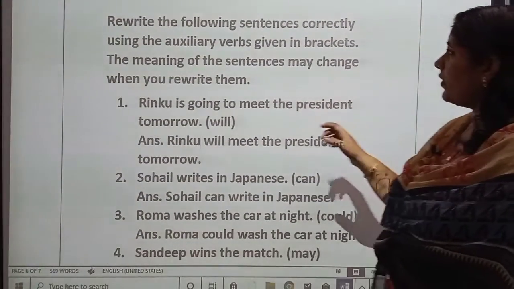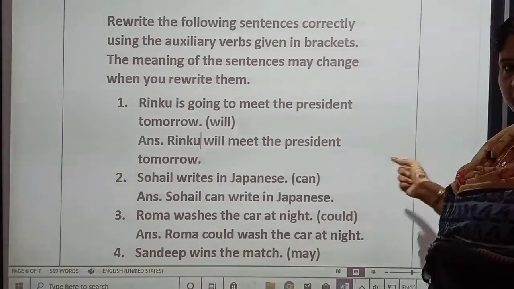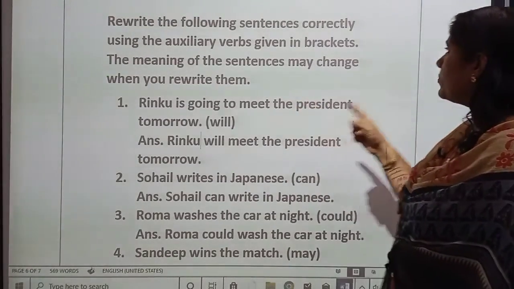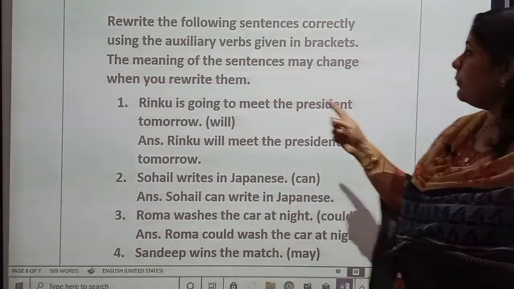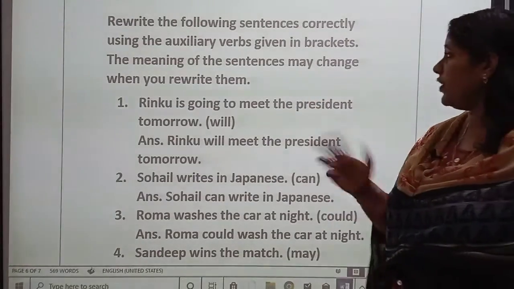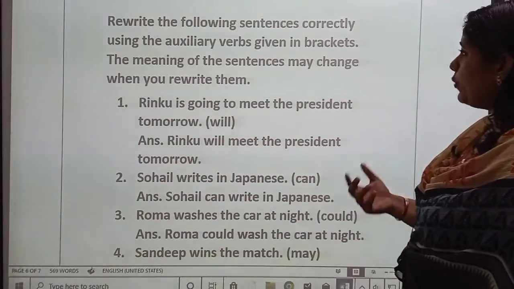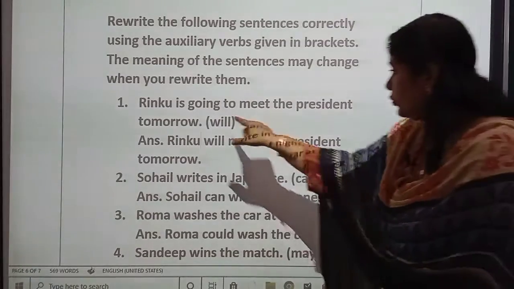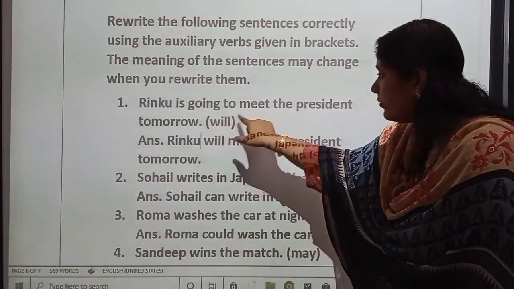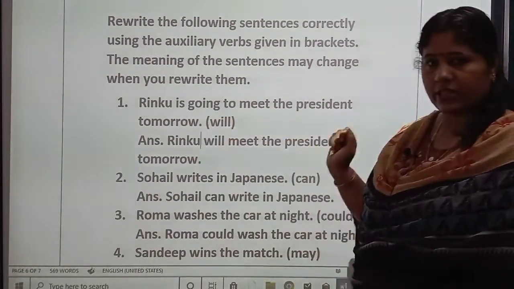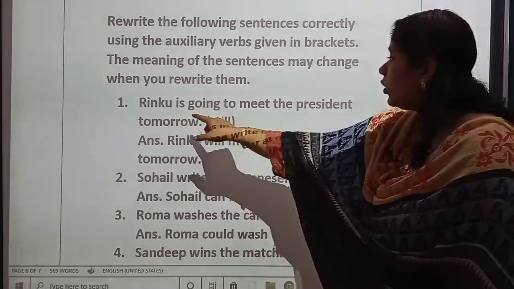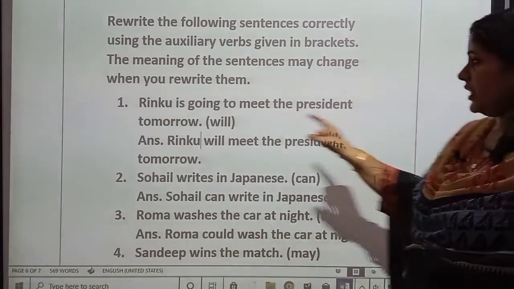Rewrite the following sentences correctly using the auxiliary verbs given in brackets. The meanings of the sentences may change when you write them. So you have to rewrite the sentence using the auxiliary verbs given in the brackets.